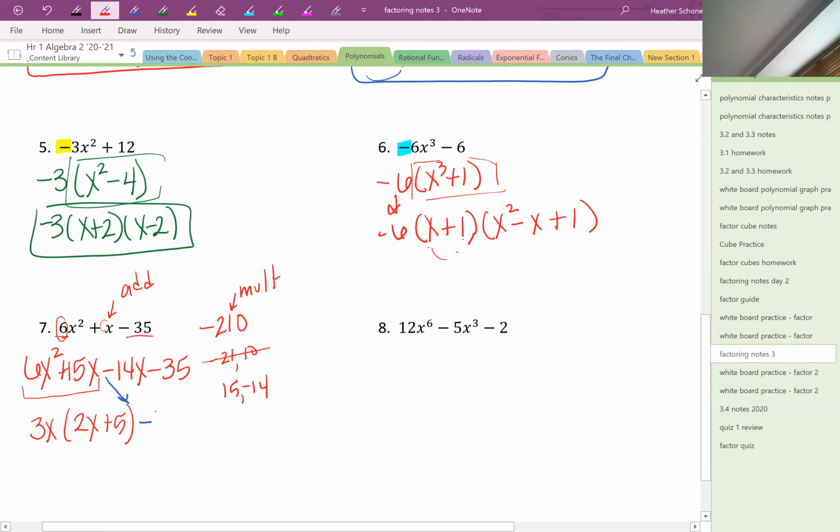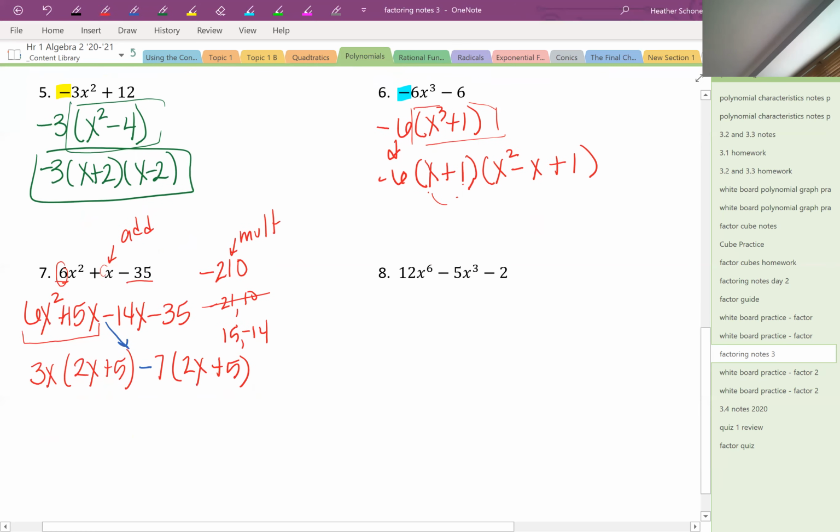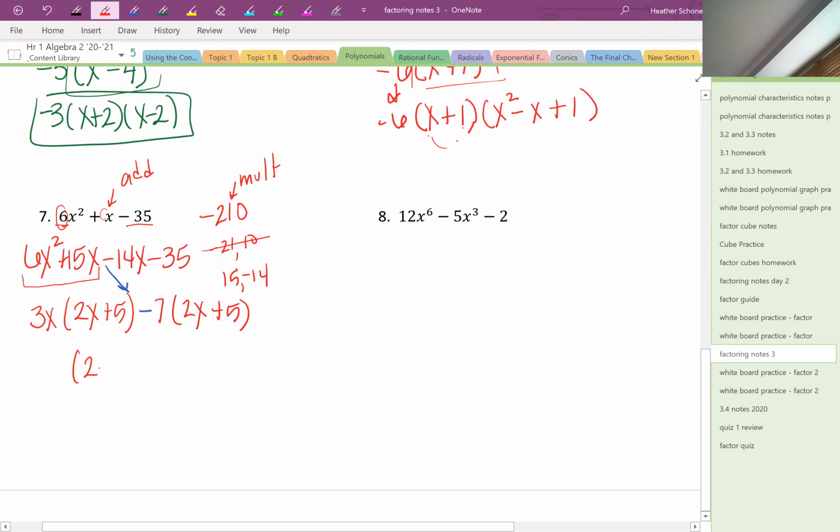Out of the next two terms, I can take out a 7, but it's really a -7. So -14x divided by -7 is +2x. -35 divided by -7 is +5. So now when I rewrite this, I'm going to have 2x plus 5 times 3x minus 7.